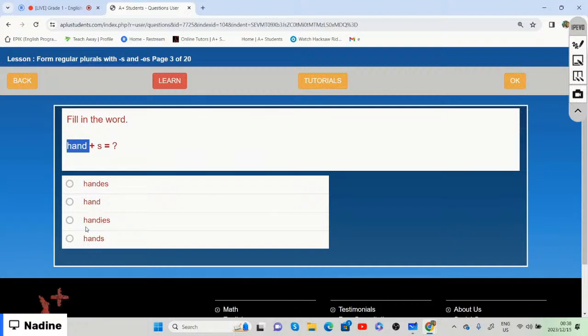Third option, handies. Or hands. So we need to choose the correct answer. And if we choose the correct word, then we will say it's hands. So one hand, two or more hands, where we just add an S.